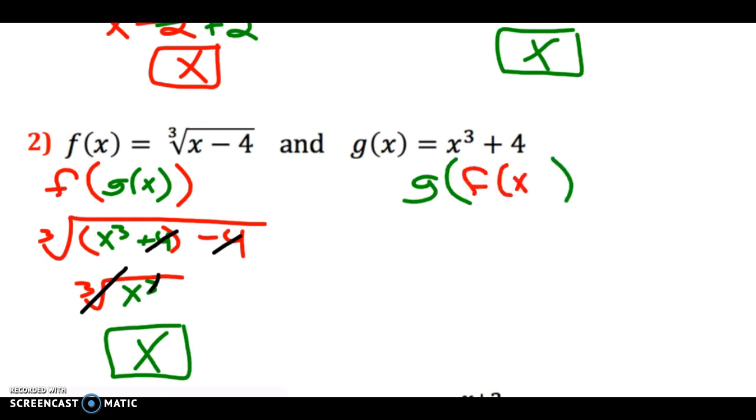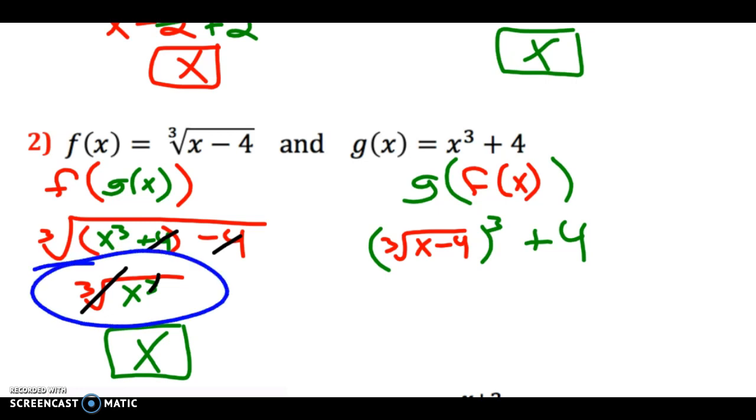So we're going to take g of f of x. That means I'm going to plug the f function rule into the g function. So the g function states I take something and cube it, and I add 4. The input here is going to be the f function, so the third root of x minus 4. Now, just like we saw at this step, where an exponent and the radical index can knock each other out as long as they match, that's going to behave the same way over here.